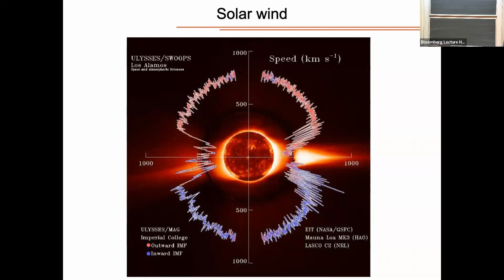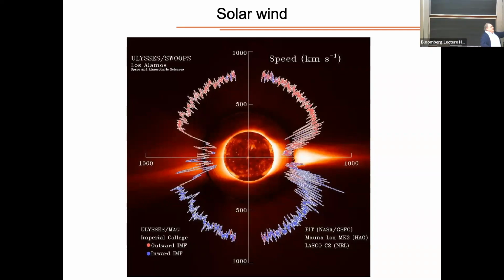Basically, one step back. The sun has magnetic field, and magnetic field is largely dipolar, what you see actually over here. The color here shows the direction of the interplanetary magnetic field. So it's inward here and outward here. So it's consistent with the magnetic field being dipolar.